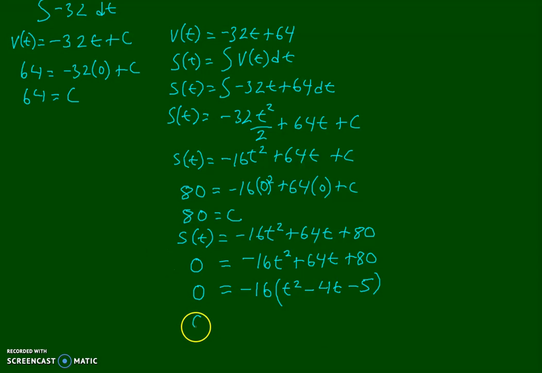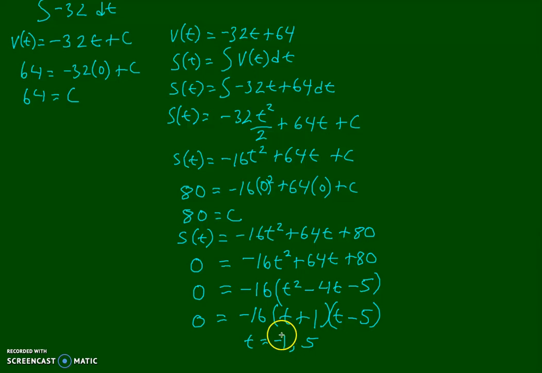And that gives us 0 equals negative 16, and we have two linears, t and t, plus and minus. Looks like this is going to be a 5, and this is going to be a 1. T squared minus 5t plus t minus 5. And there you go. So we know that t equals negative 1 and 5.